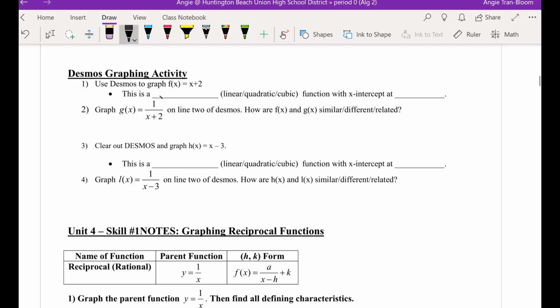Let's fill this in. This is a linear, okay, with x-intercept. Someone remind me, number one, what was the x-intercept at? Negative 2, comma 0. And then we graph g of x out in your Desmos.